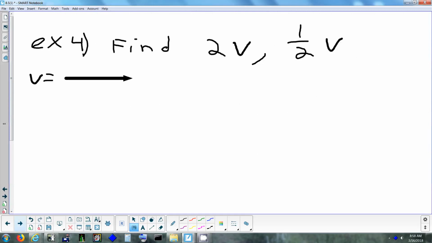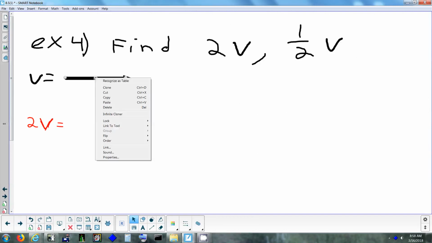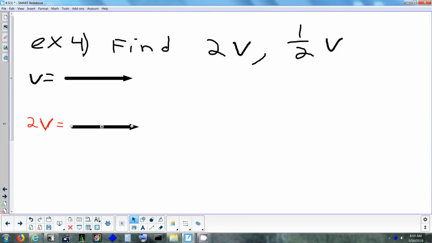All right, so visually, if you ask me to find 2v, the easiest way to do that is just think of it as v plus v to get it exact on paper. Take a copy of v, another copy of it, stack them together. There's 2v.